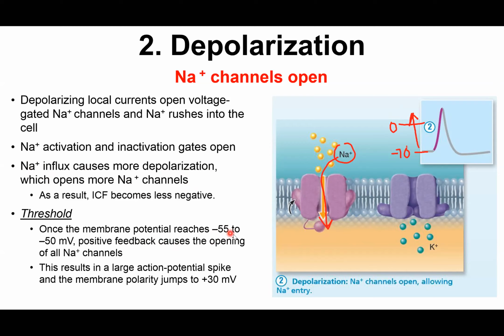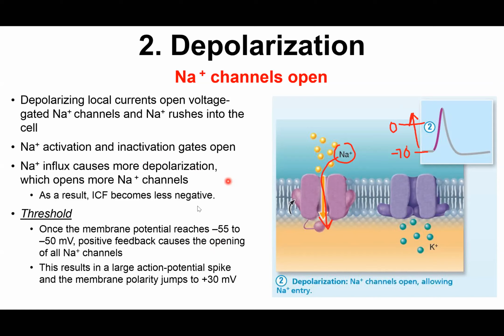And once we reach minus 50 to minus 55 millivolts, we're like, all right, let's go for it. Let's open all of the channels. Why not? Okay, so that's kind of where we're at with threshold.